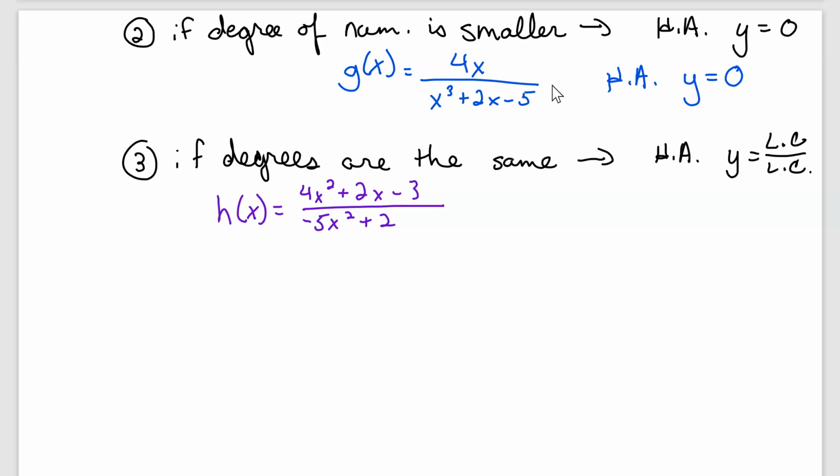So I look at the leading coefficients. Remember, the leading coefficients are the numbers that are attached to that largest exponent if they're in standard format. So in this case, my horizontal asymptote would be at y is equal to 4 over negative 5, or negative 4/5.